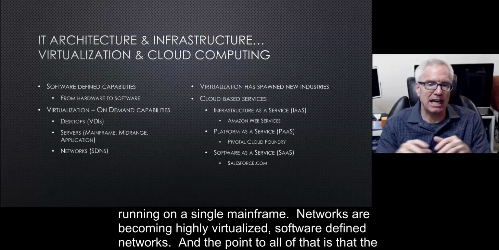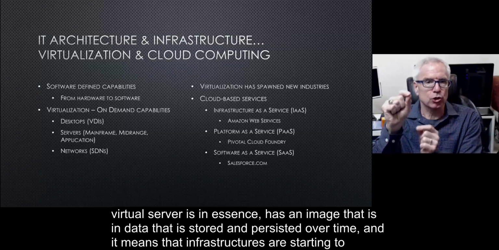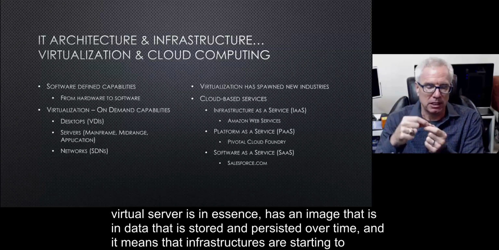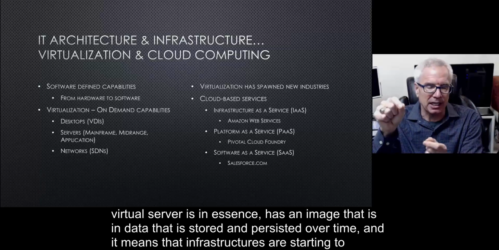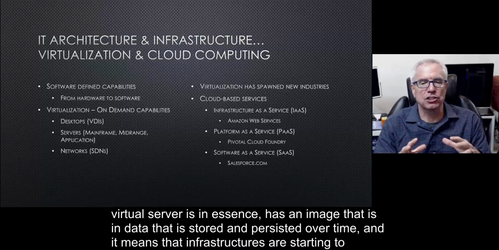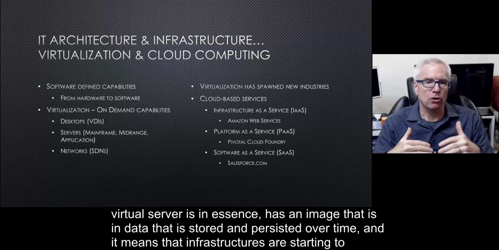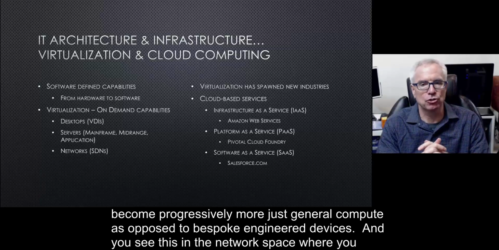And the point to all of that is that the virtual server is, in essence, an image that's in data that is stored and persisted over time. And it means that infrastructures are starting to become progressively more just general compute as opposed to bespoke engineered devices.